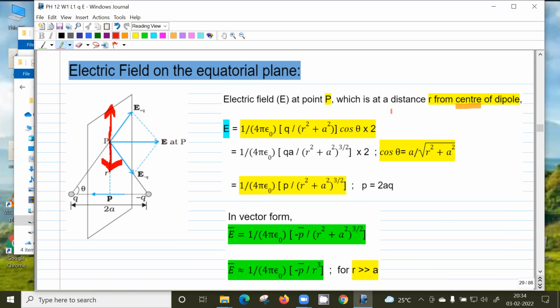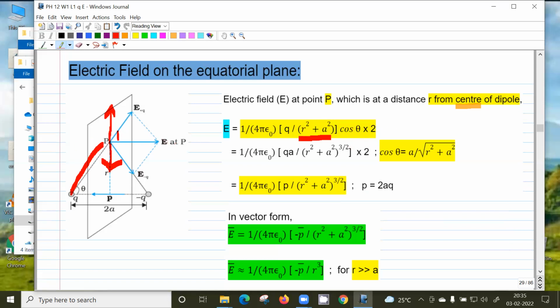So to get that, I have to get the magnitude, 1 by 4π ε0 q by the distance square. So this distance is the root of r square plus a square, and the square of the distance is r square plus a square, because the electric field goes as charge by distance square, right? And this angle, say it's theta, so this component is cos theta.